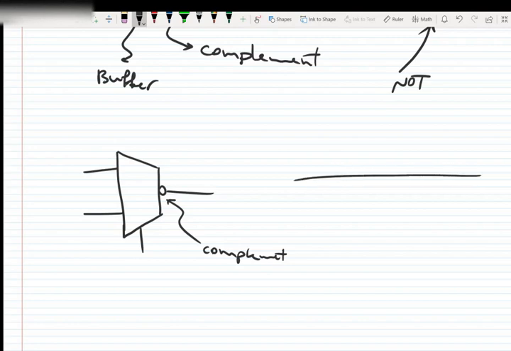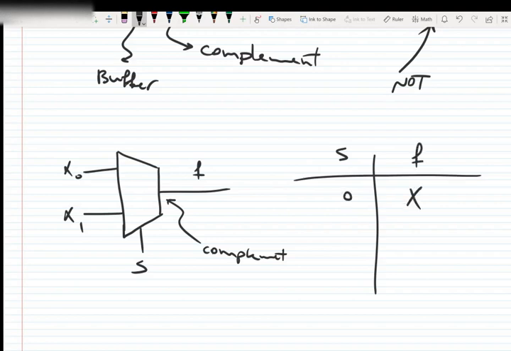First, let's just draw the characteristic table without the circle. We know it has x0, x1, S, and the output. We have only one S, so if S is 0, the output is x0. If S is 1, the output is x1.